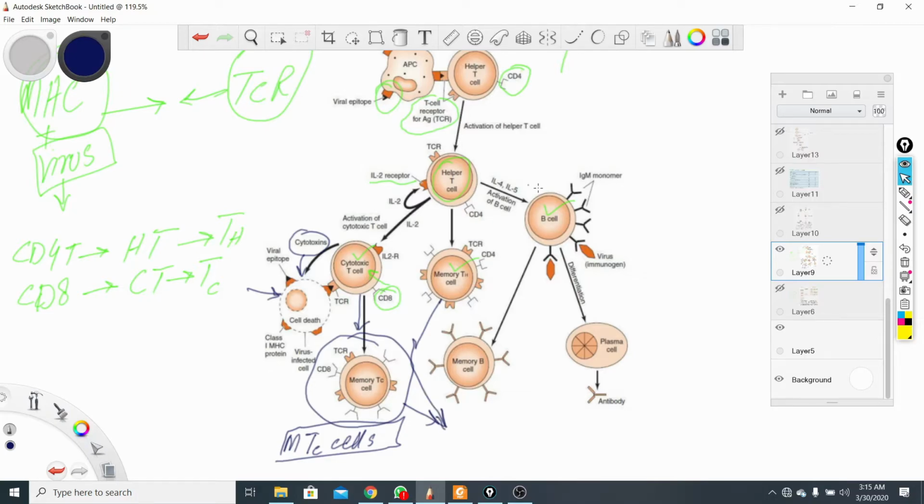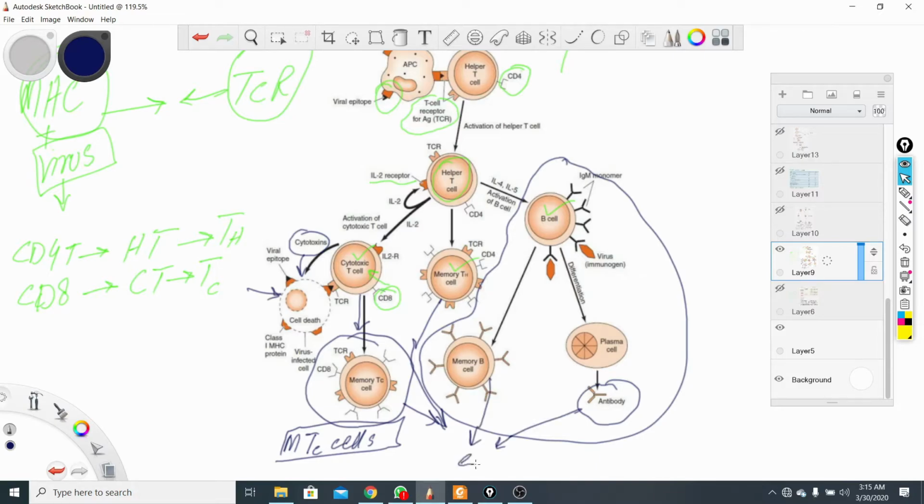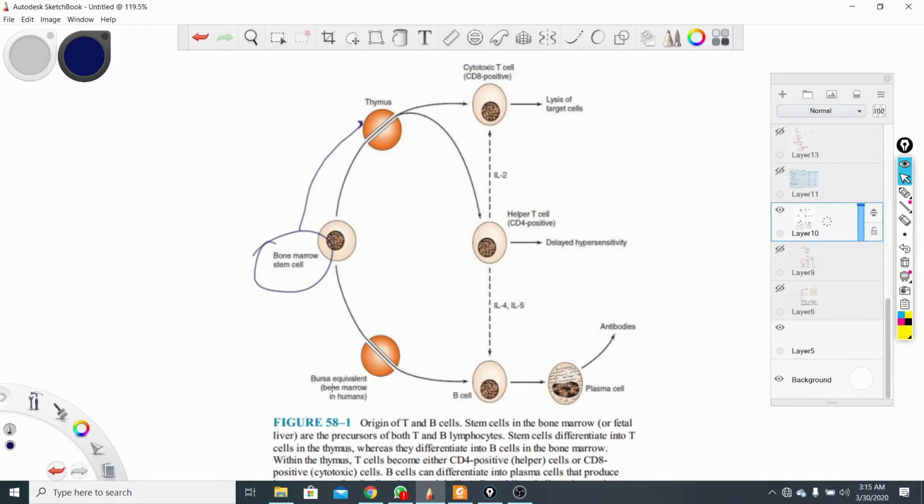This side overall is very important, in which we can see that antibodies are formed, and these antibodies, along with the memory B cells, are required for earlier induction. In the thymus and in the bone marrow of human beings, which is the bursa equivalent, these are produced. In the thymus you can see the cytotoxic T cells, or CD8 positive cells; remember, the 8 goes with the cytotoxic response.